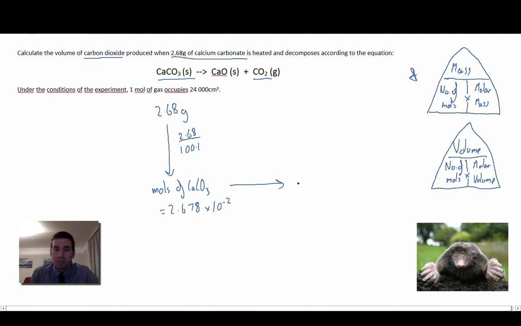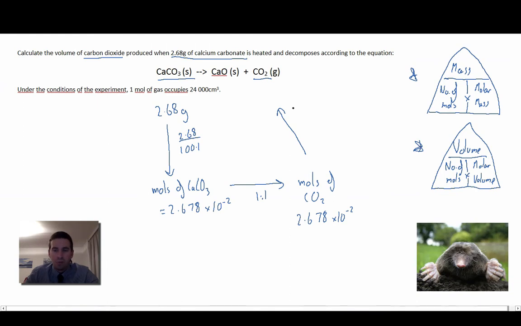Okay, so the next step is to find the moles of carbon dioxide. Remember, we do this by using the molar ratio, which in this case is 1 to 1. So we don't actually need to do any sort of sum with this because it just has the same amount of moles. So final step. Now, in this case, we're going to the volume of carbon dioxide. So we need to use the second triangle.